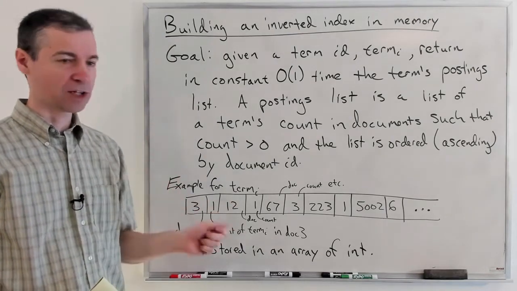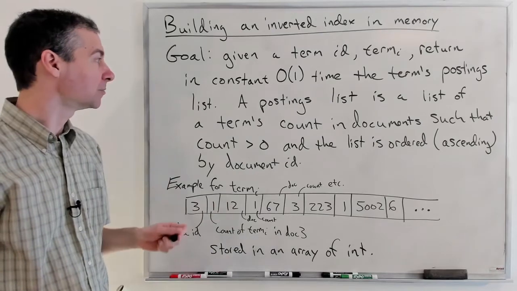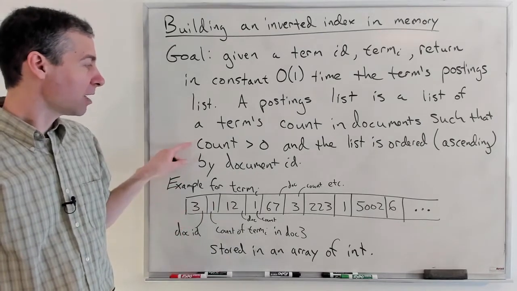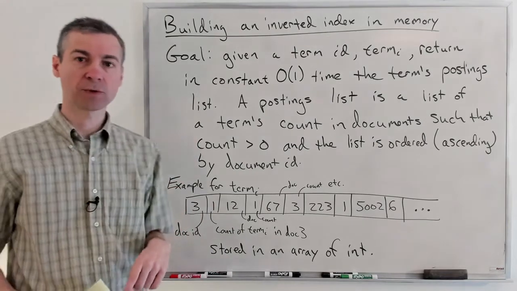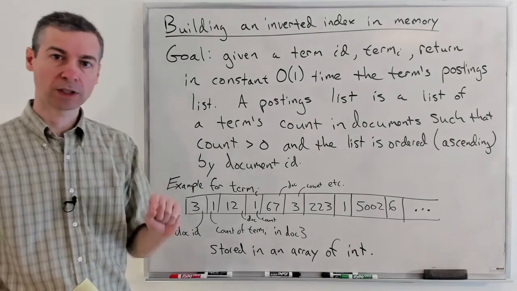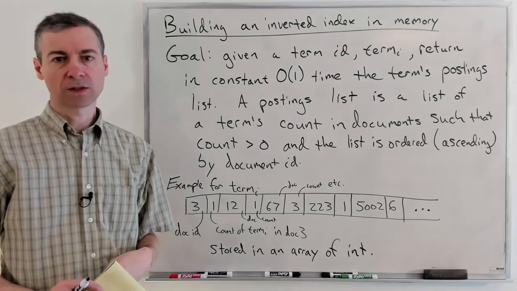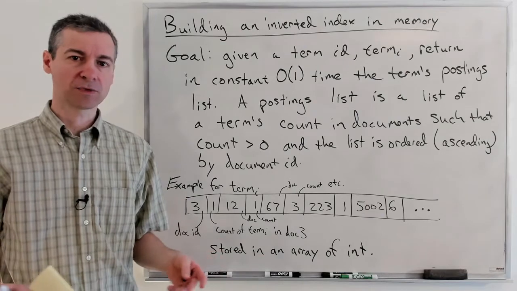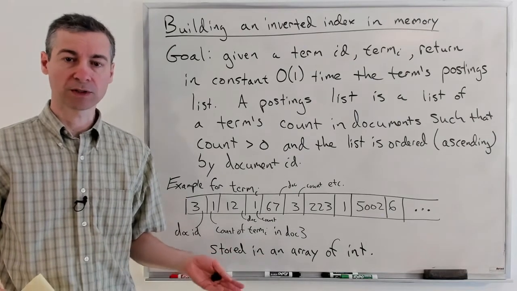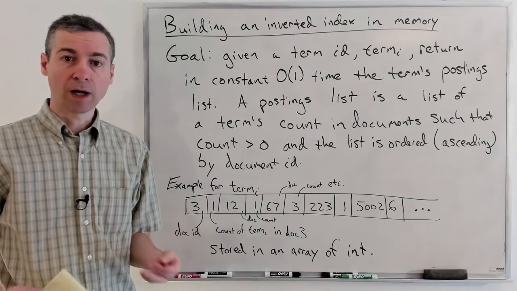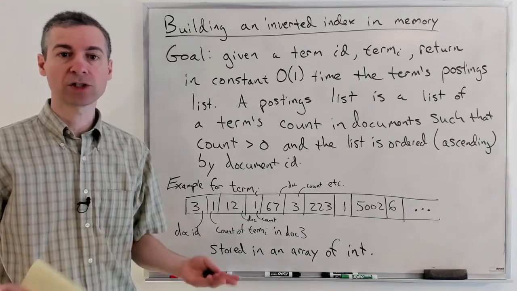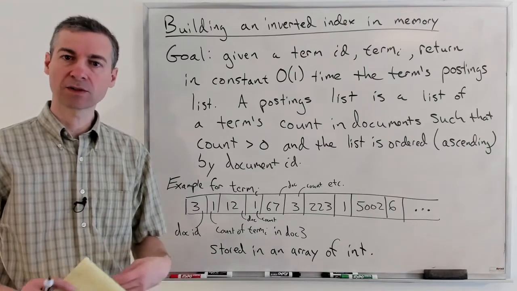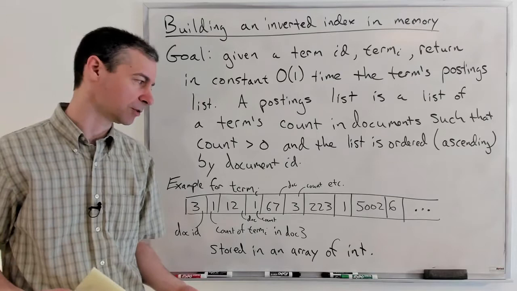We need to be able to fetch it quickly. And yes, it's only for the documents in which the term occurs. There's a huge number of documents for most terms that the term never appears in, and they would have a count of 0. They have no mention at all in this postings list. This is merely the presence information.